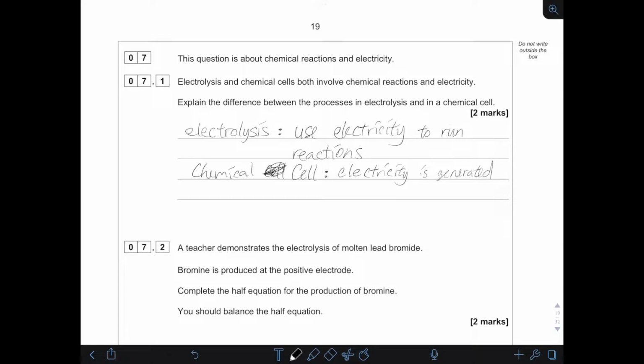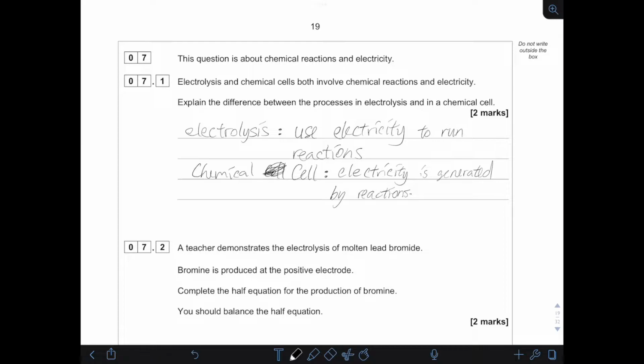So it's generated by reactions. So that's the main difference between those two, is essentially one is the counterpart of the other, but it's slightly more complicated than that in reality.